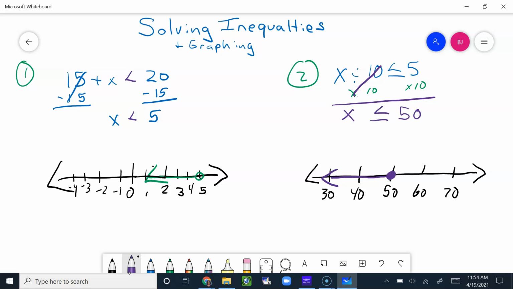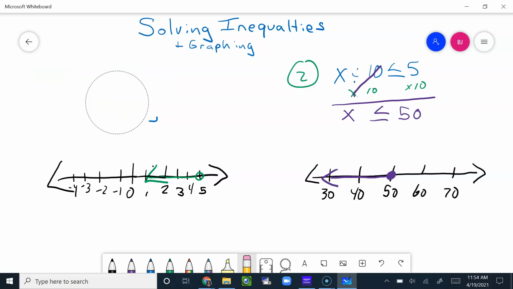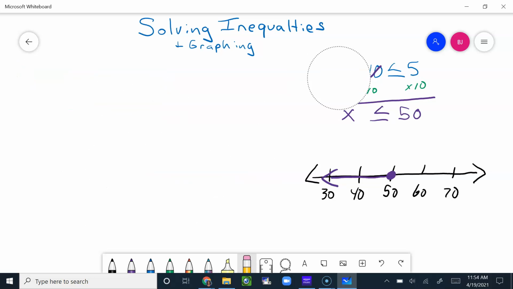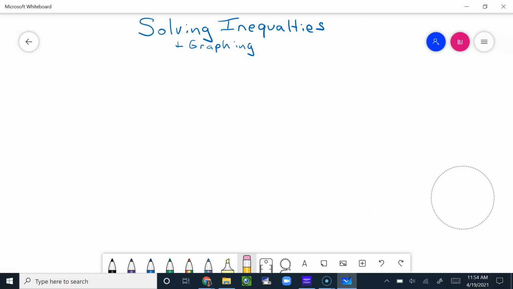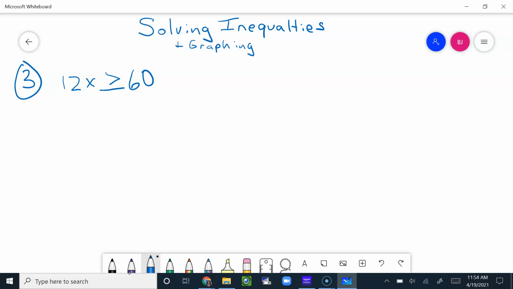So let's do a couple more on solving and graphing inequalities. I'm going to erase all of these and we'll do two more. Number 3 would be 12x is greater than or equal to 60.